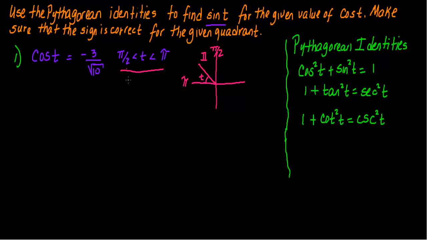But the sign for my sine function is going to be positive. Now, where else on this coordinate plane is cosine negative? Well, in quadrant 3, my cosine will also be negative. So that's why they have to tell me where specifically I am standing. Am I standing in quadrant 2 or quadrant 3? And depending on the quadrant I'm on, that's the sign I'm going to use for the sine function.